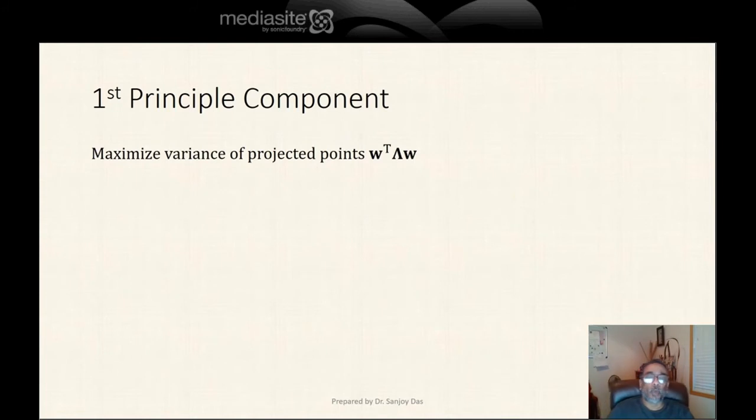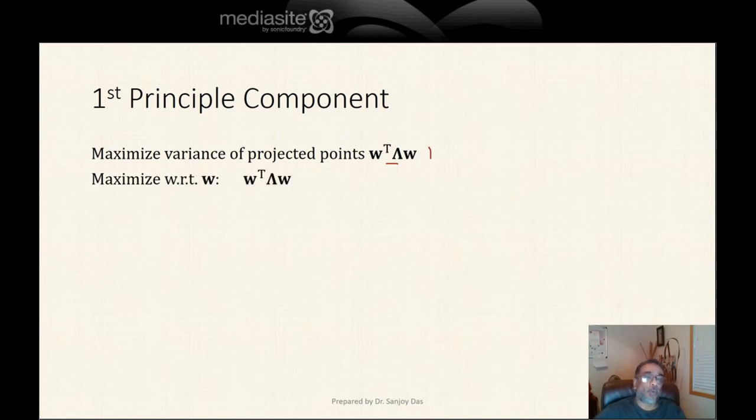So what we have to do now is to maximize the variance, which is equal to W transpose lambda W here, and we can now formulate PCA, the principal component analysis, as a constraint optimization problem.